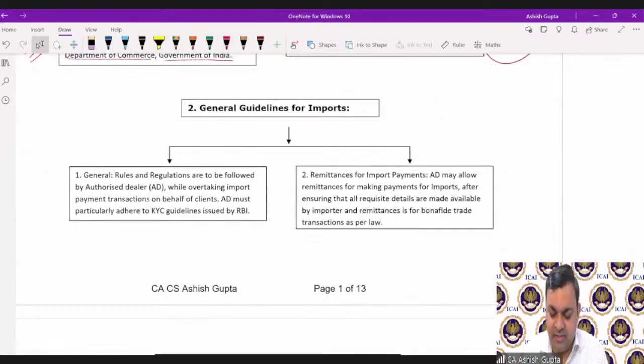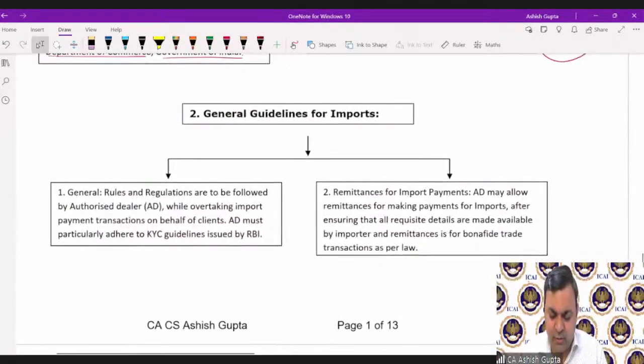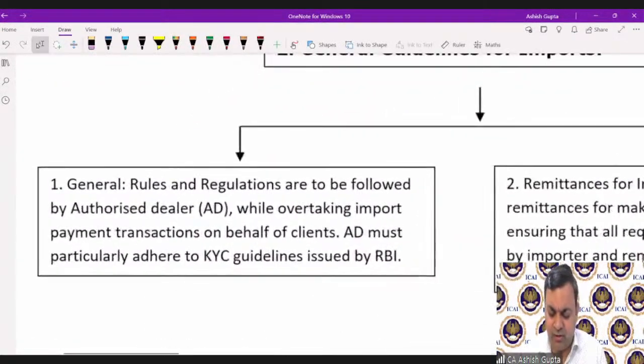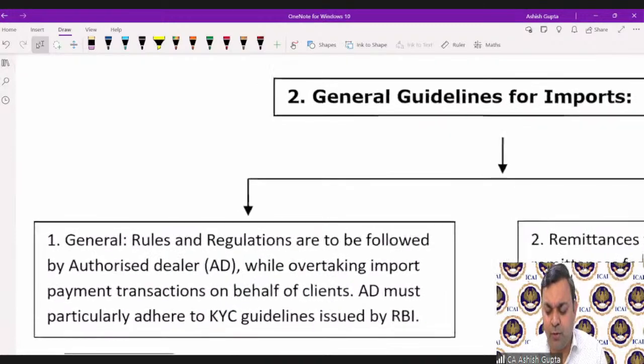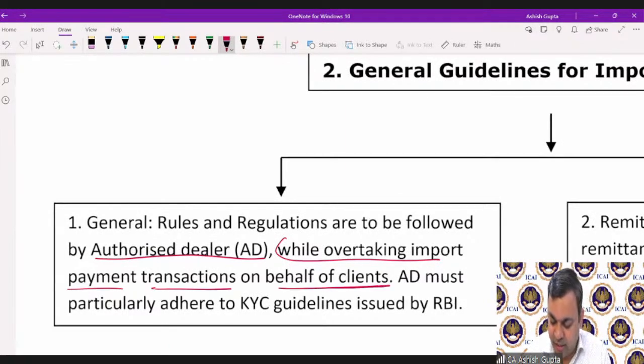Second, general guidelines for import. Rules and regulations are to be followed by the authorized dealer. Who is going to follow the rules? Authorized dealer. While undertaking an import payment transaction on behalf of a client, obviously, whenever we need to make any payment outside India, we need to take the help of an authorized person.